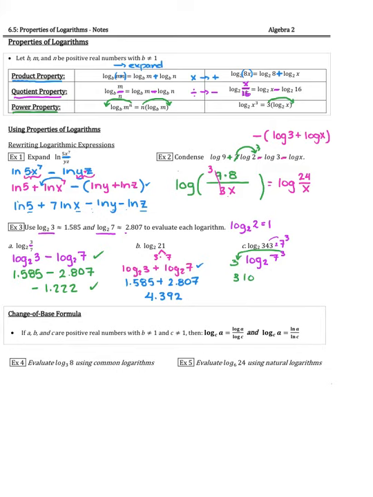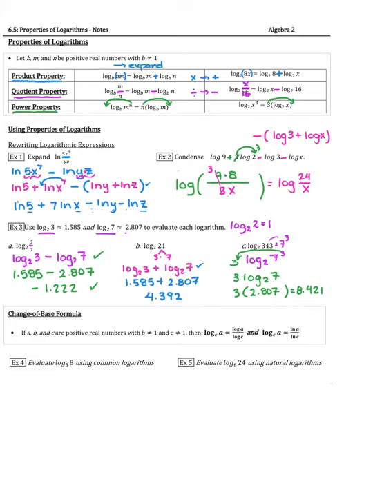So 3 log base 2 of 7 is how I would expand that. And then substitute log base 2 of 7 is 2.807. So you're multiplying that by 3, which will give you 8.421. All right, so that's how you can utilize those log properties to expand and substitute and get a decimal answer without a calculator.